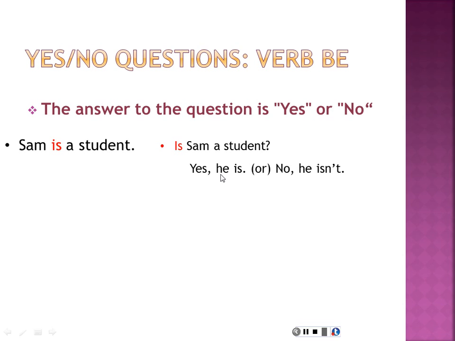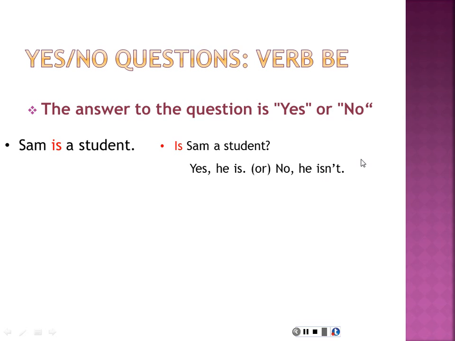So the pronoun that we use here is he, because he replaces Sam. Sam is a male, is a guy, he's a man. So he, yes, he is. So this is for the case of yes, عندما تكون الإجابة نعم. Or أو, if we want to say no, maybe he is not a student. So no, he isn't.